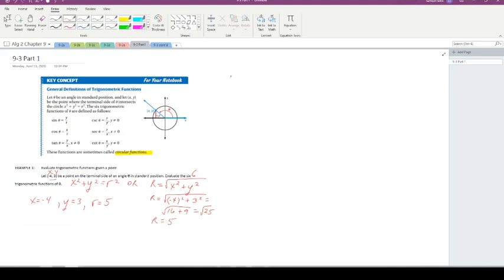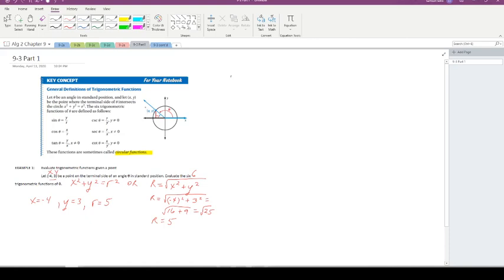To find our trigonometric functions, let's change the color. Let's make it green, one of my favorite colors. Remember, this negative 4 and 3 is over here because we're talking about a unit circle.